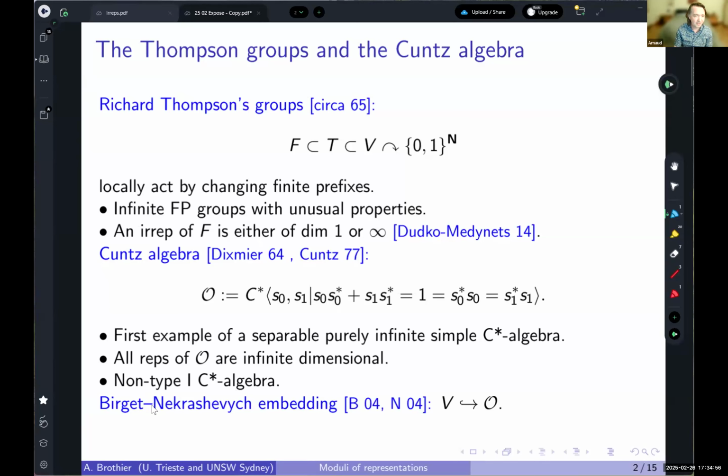And here I always put Birget first because his name starts with a B, so there is no preference; I actually enjoy both of the articles. They were the same year, as you can see. And they show that there's a very natural map that goes from V to the unitary group of the Cuntz algebra.